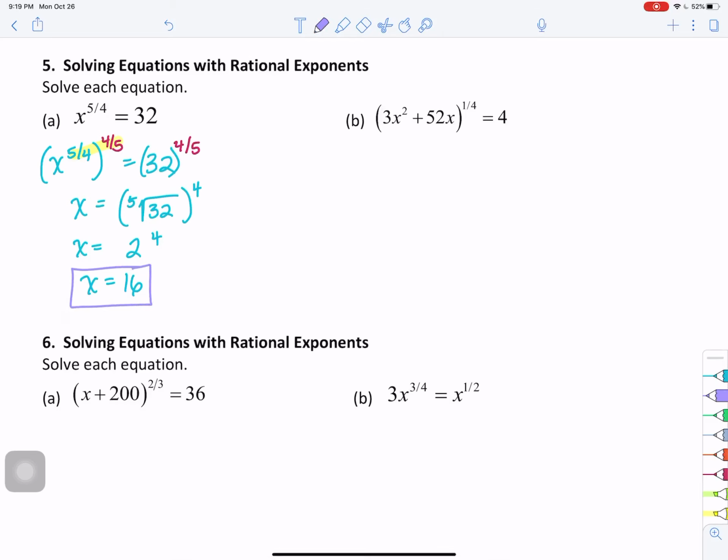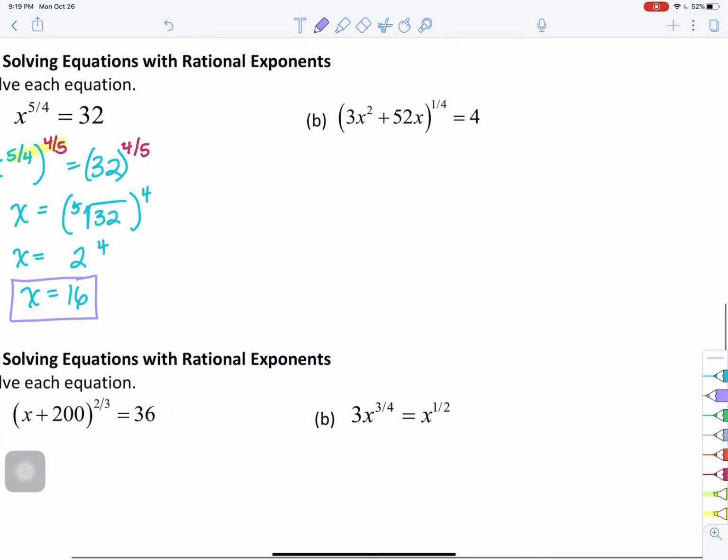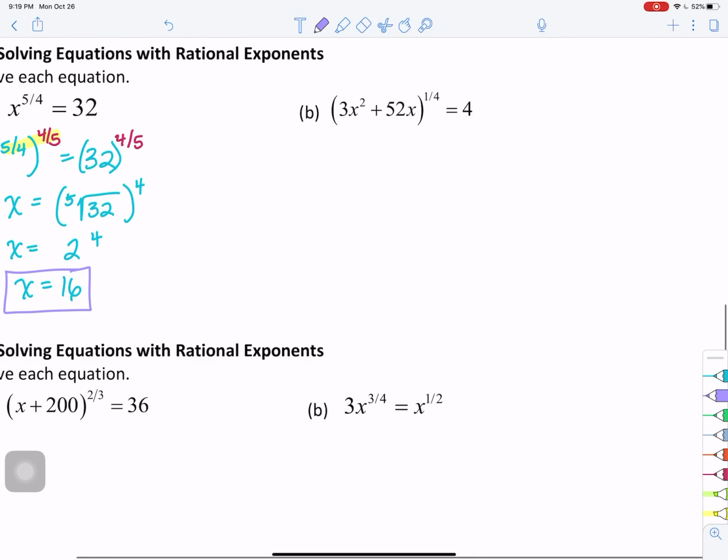Okay, let's try this one. This has a little bit of work to it, but it's not too bad. So we have 3x squared plus 52x, all raised to the 1/4 power, equals 4.